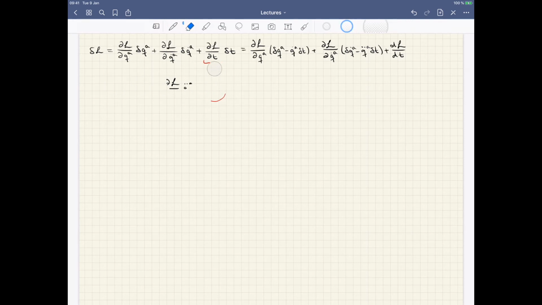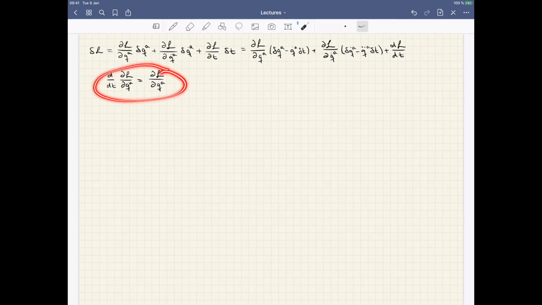Now, if we look at this expression, we should remember the following: if we have an on-shell solution, that is a solution that solves the equations of motion, then that is going to satisfy that d/dt of dL/dq dot^a is equal to dL/dq^a.